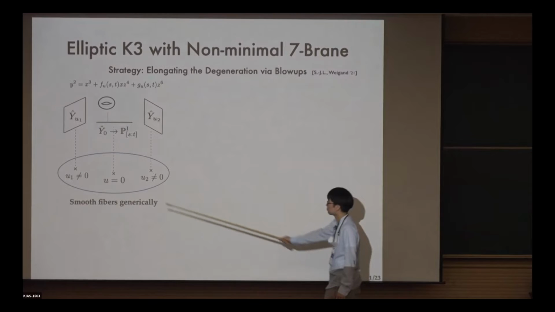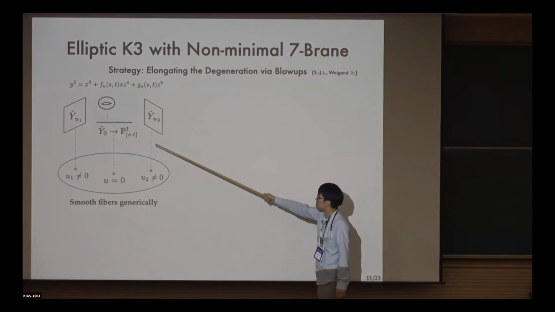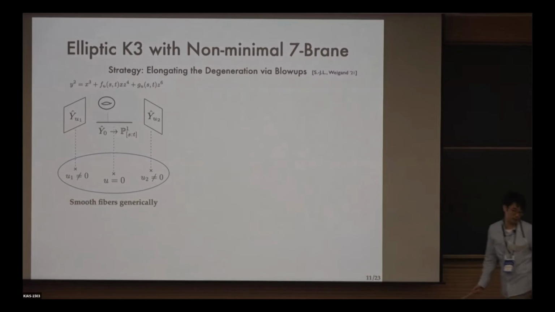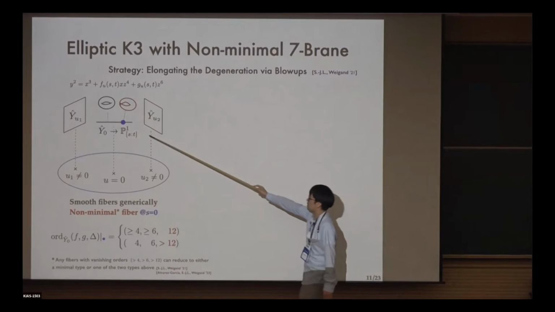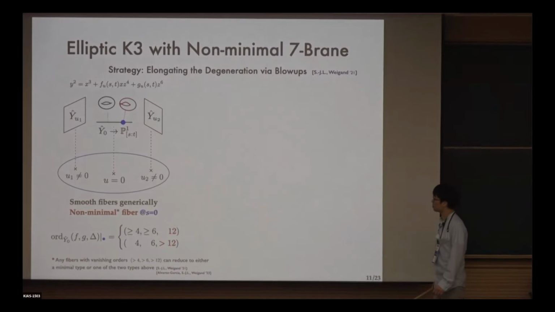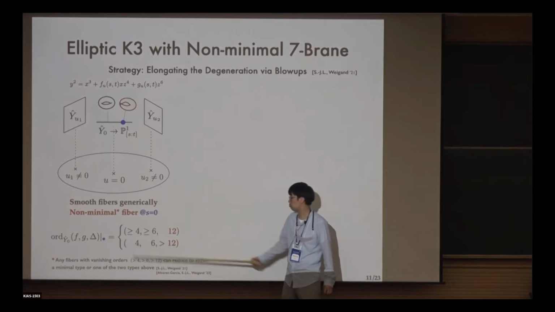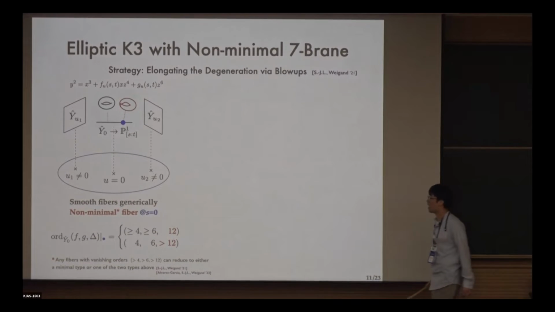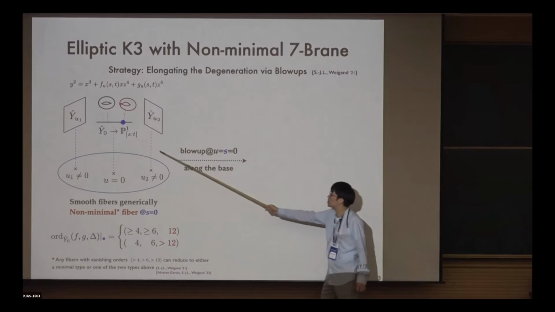So the central element here has smooth fibers generically. It's an elliptic K3. However, the starting point is the presence of a non-minimal 7-brane. So at this specific blue point here, we have a non-minimal fiber, say at s equals 0. And therefore, the vanishing orders of f, g, delta at this blue point will be 4, 6, 12 or higher than that. Now, thanks to these high vanishing orders, we are now allowed to blow up at this blue point.